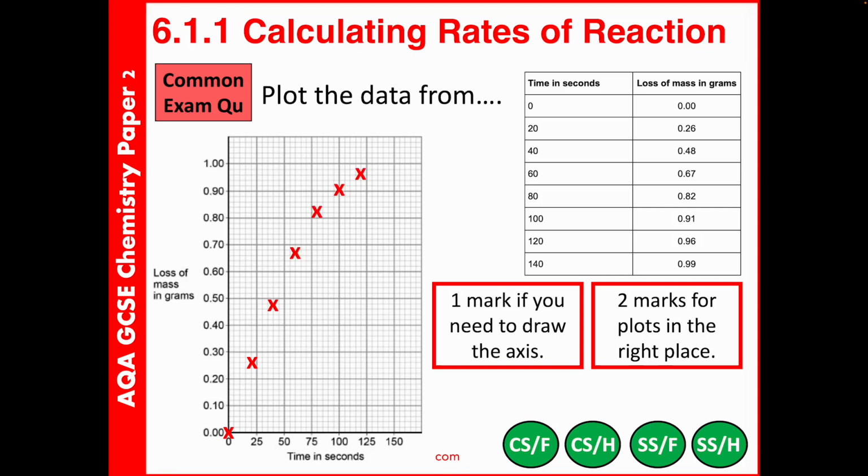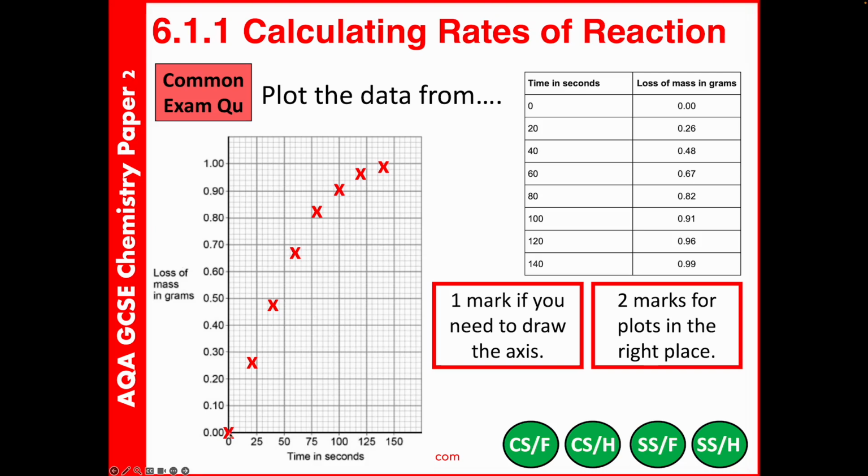Once you're satisfied that you've got your plots in the correct place and you've plotted each, then go back through and check. Once you are then happy, right, I've plotted it, I've checked it, then go over in harder pencil. Once you've done that check for every single plot, then and only then draw your line of best fit.